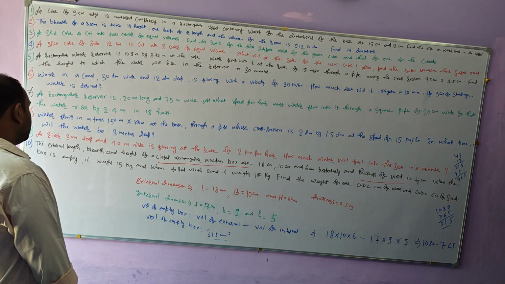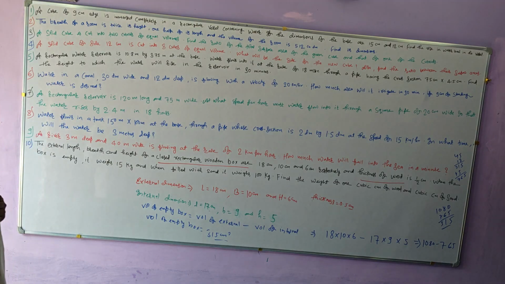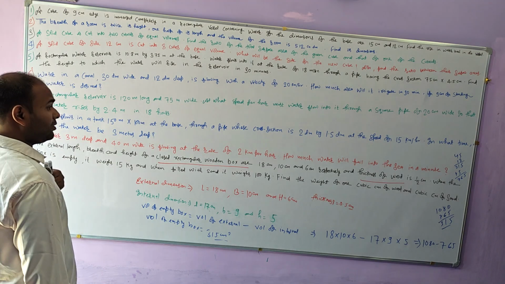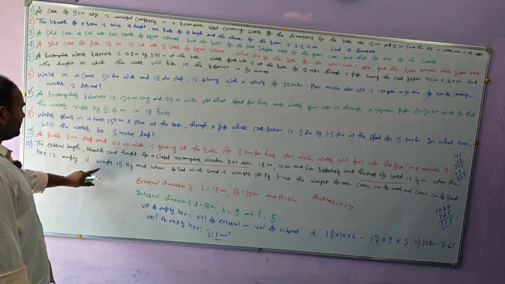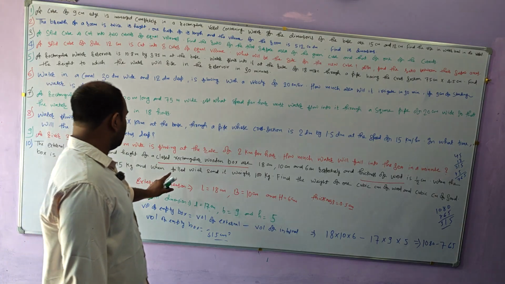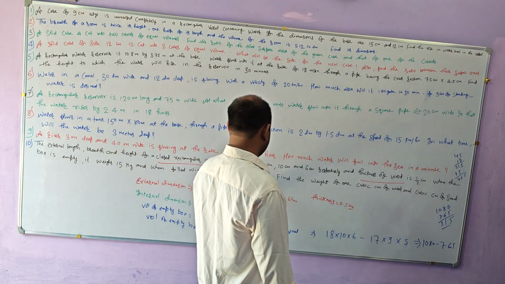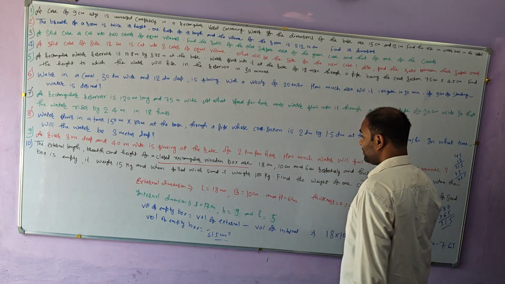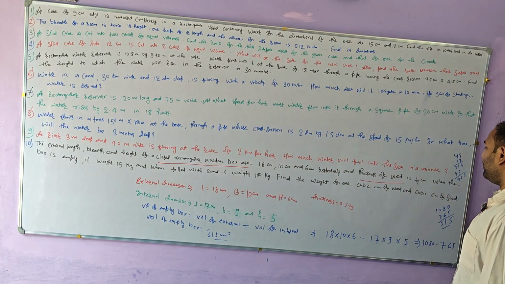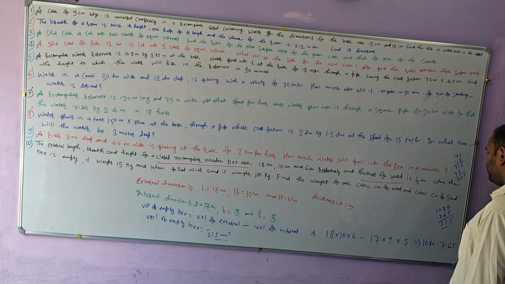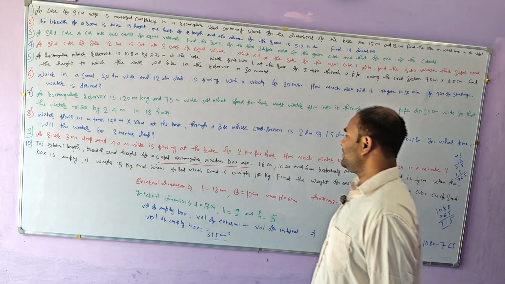Now, when the box is empty, its weight is 15 kg, and when filled with sand, its weight is 100 kg. Find the weight of 1 cubic centimeter of wood when it is empty.